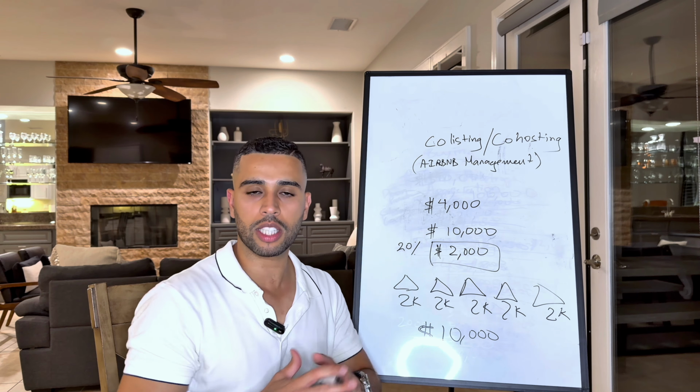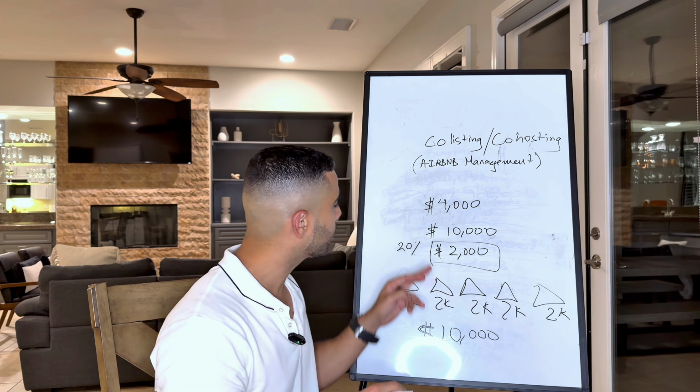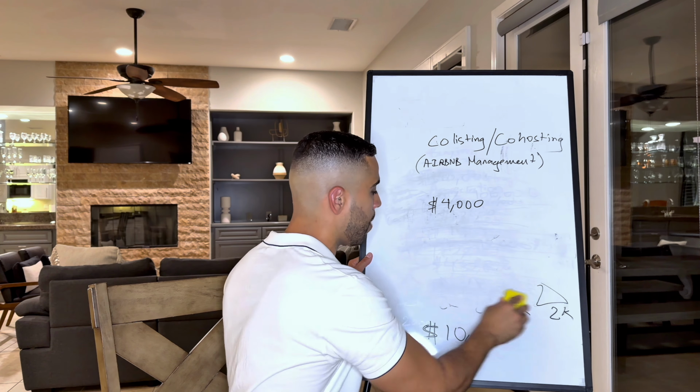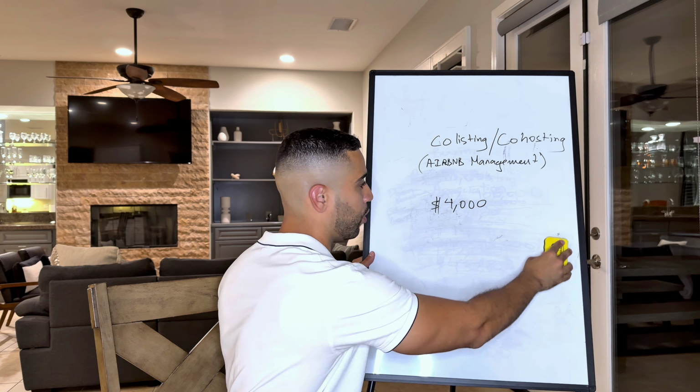But guess what? Let's slice this in half. Let's say you were only able to get them $5,000 that month. Because I don't want you to be thinking, oh my God, like I can't do that for $10,000. They're only asking $4,000. Let's go with low ball, didn't do the best job that month.